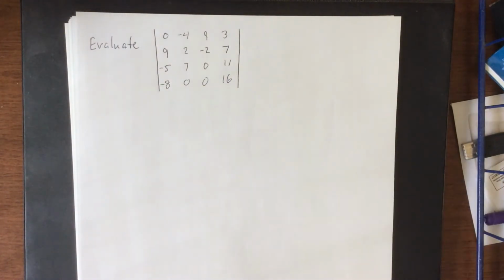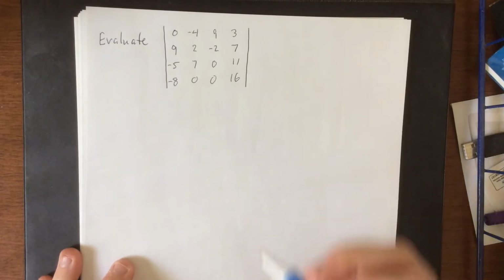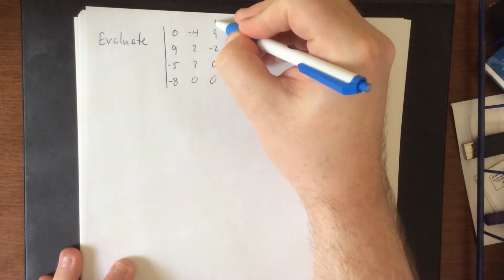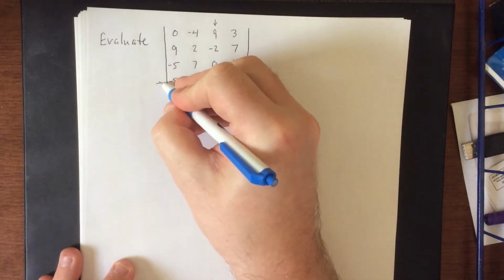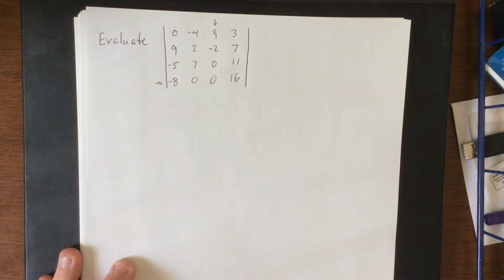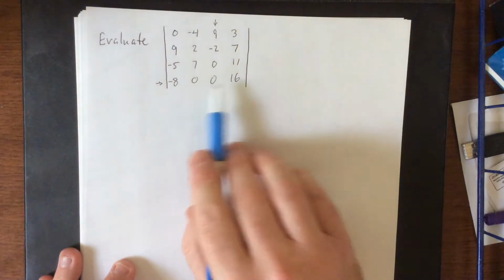Now, I do see a couple of rows and a couple of columns that contain 2 zeros. I would like to start by getting fixated on those. So we could either take a look at the third column, which already has 2 zeros in it, or we could take a look at the fourth row. Now, I do see something extra about the fourth row, which is that they have a factor in common.